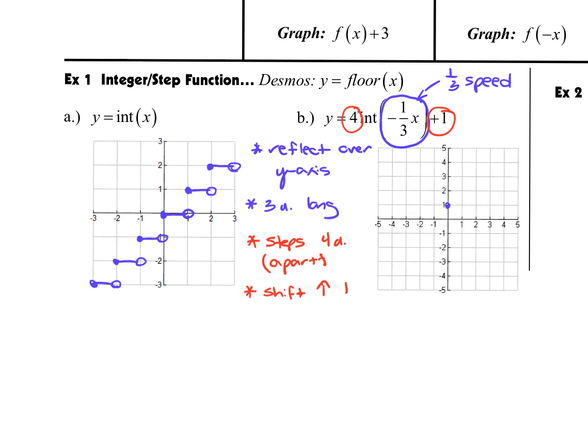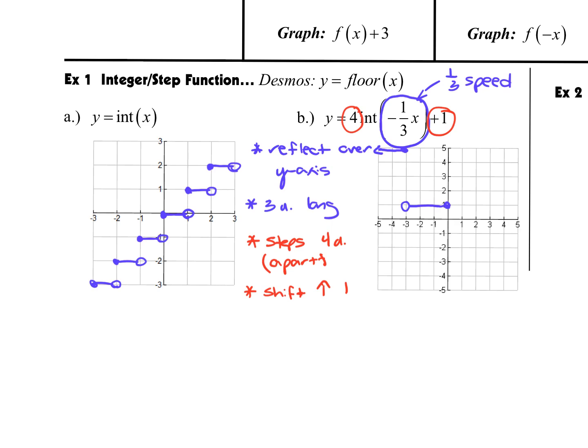So it's going to start here, and it's going to be 3 units long, and then I'm going to have my open circle. Now, what I like to do is from there, I like to keep going. So if my step was here, and it needs to be 4 units apart, I'm going to go 4 units up, 1, 2, 3, 4, and then it would have to go backwards again. So I'd go up to here, and I'd go backwards, and I can't quite finish this one.